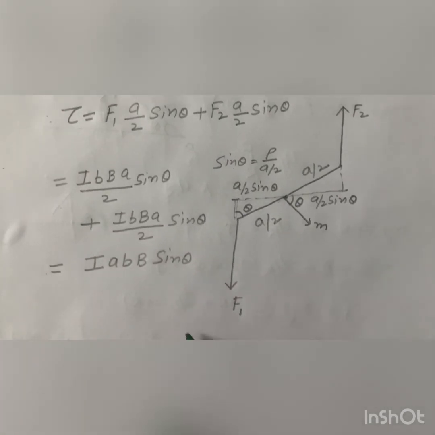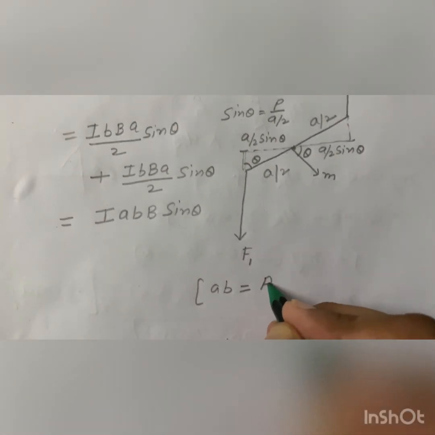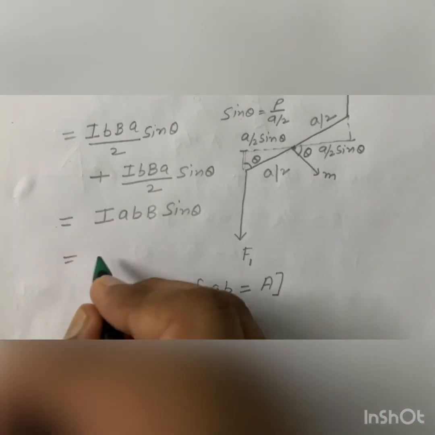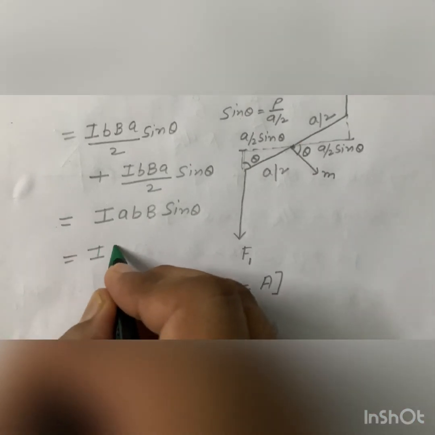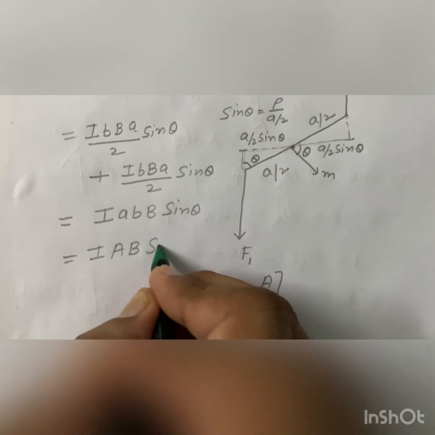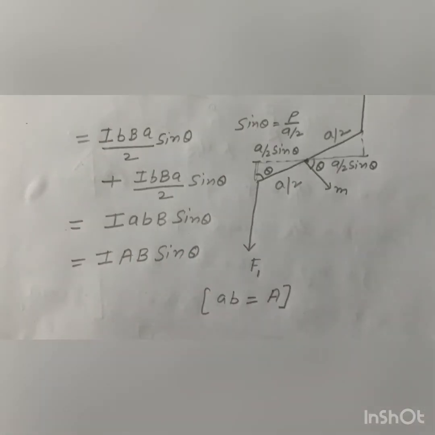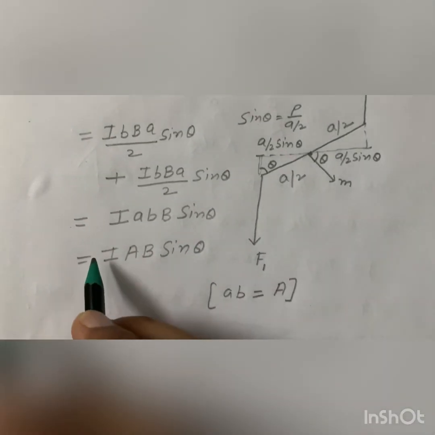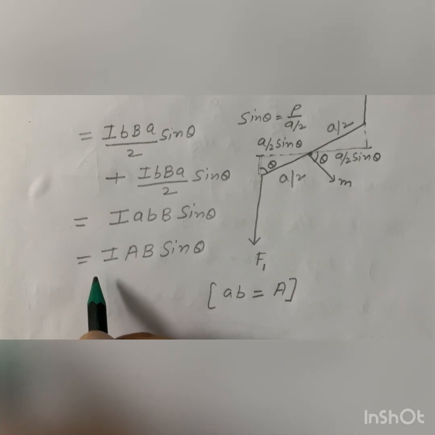As we know that length into breadth of the coil is the area of the coil, so we have I A B sine of theta. This is the torque experienced by the coil.